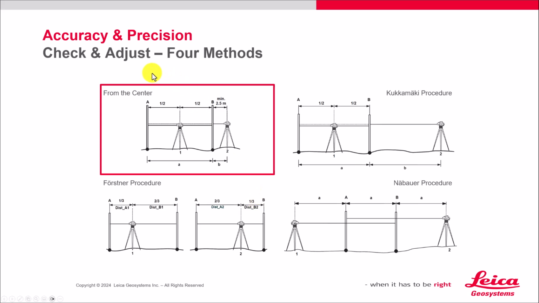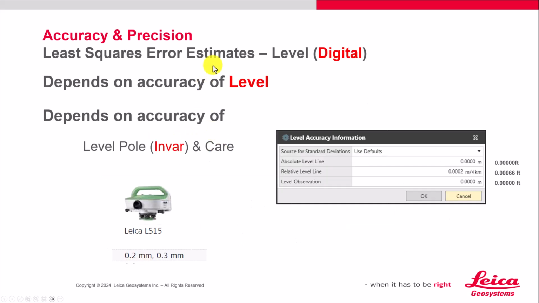Now, how we check and adjust some of that is we've got 4 different methods, but the one we typically use is where you set up evenly between 2 rods, and then you move closer to 1, and then you can calculate what you need to adjust. And again, you can still plug in least squares numbers for a level if you're going to adjust that in a total network.